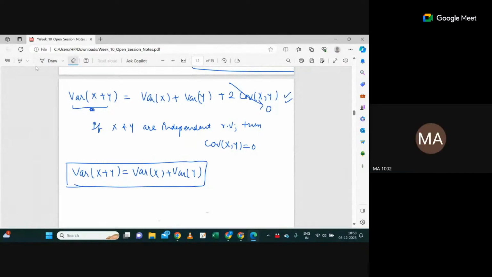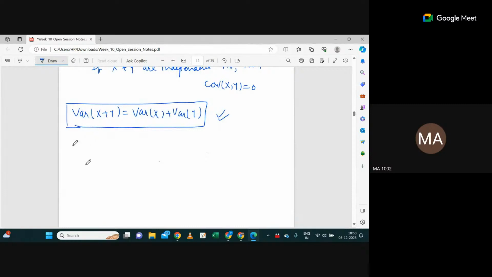So now you got the idea. Whenever x and y are independent, only then can I simply say the variance of x plus y is the same as the variance of x plus the variance of y. This is only about two random variables. What about more than two? Suppose I have x1, x2, and so on, n independent random variables.